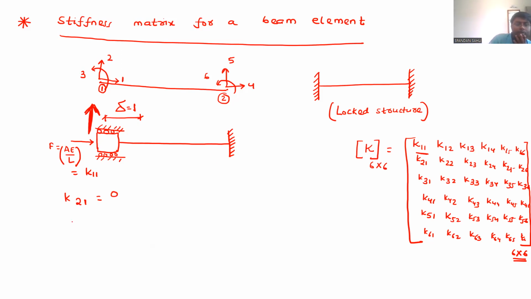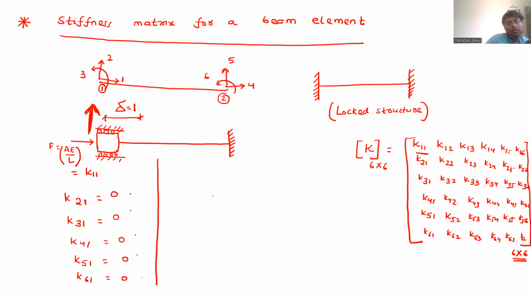Tell me K31. 0. K41, suppose 0. All will be 0. 4, 1, 5, 1. So we got the first column.